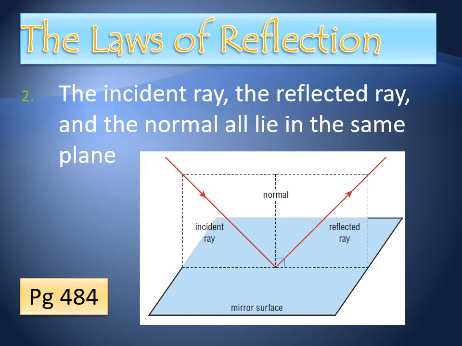The second part states that the incident ray, the reflected ray, and the normal all lie in the same plane. So, what would this look like?